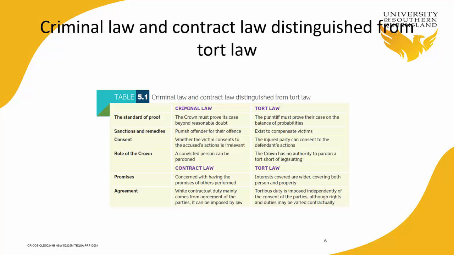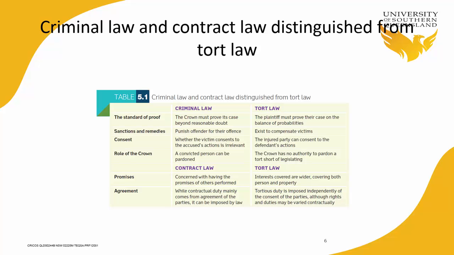Now, the last two dimensions or rows are about promises and agreement, and this will take us through a different contrast now between contract law and tort. Under promises in contract law, contract law is concerned with having the promises of others performed. So in contract law, we are basically creating rights and liabilities in agreement with the other party to the contract.